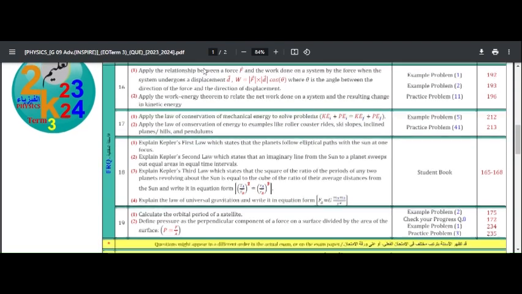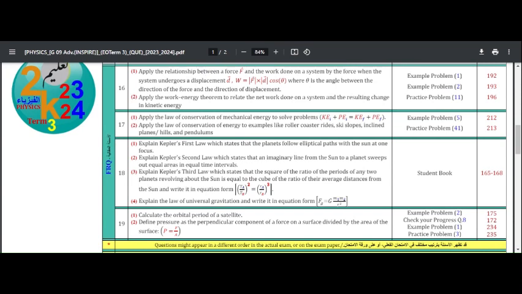Okay, now let's move on to the free response question. In this question they are asking: apply the relationship between force and the work done on a system by the force when the system undergoes a displacement d. So work done is equal to F d cos theta, where theta is the angle between the direction of the force and the displacement.